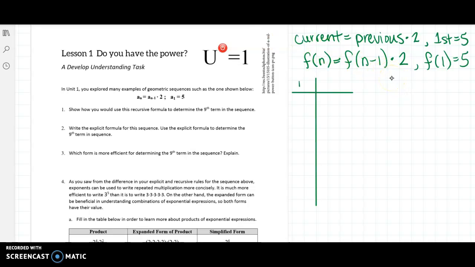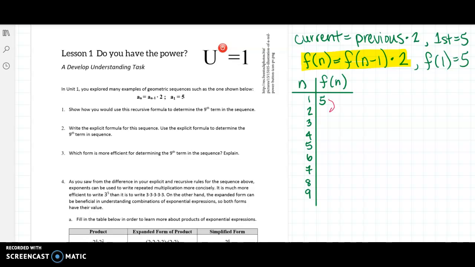On the left-hand side of our table, we have n, and on the right-hand side, we have f of n. n is our input, f of n is our output. We've got to determine the 9th term. Using our recursive formula, we know that the current output is equal to the previous output times 2.